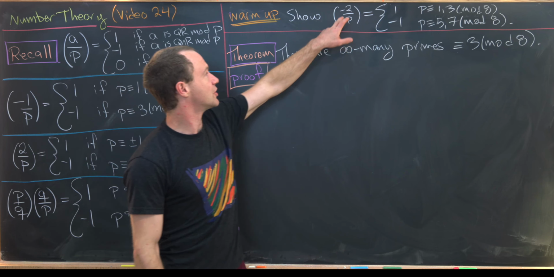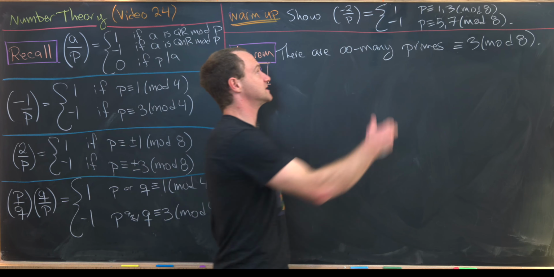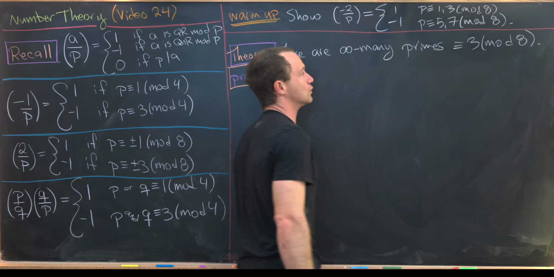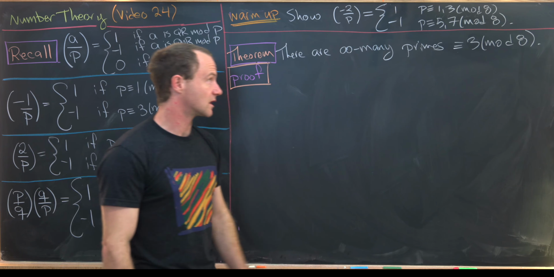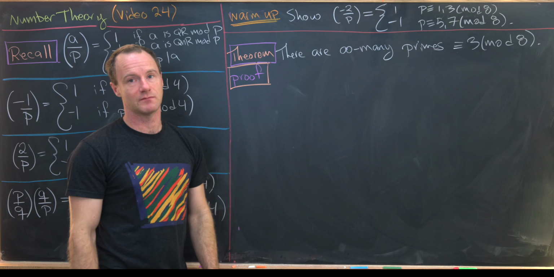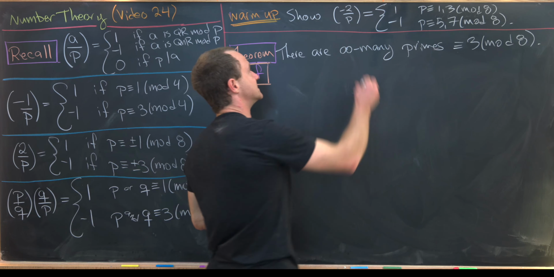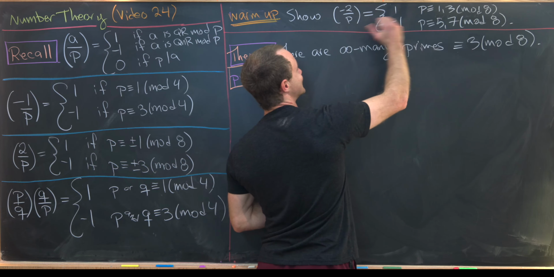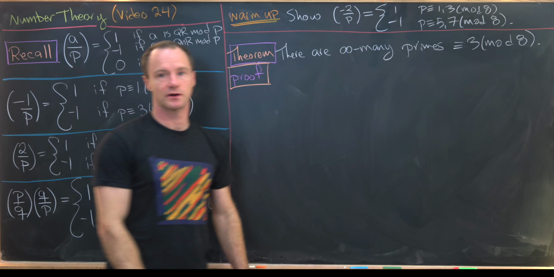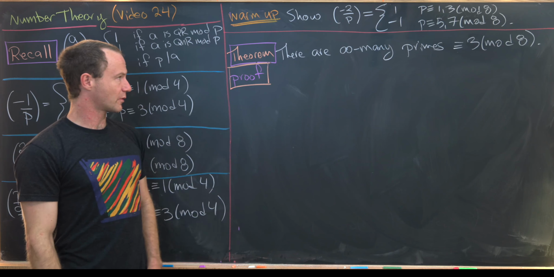And that is show that -2 by P is 1 if P is congruent to 1 or 3 mod 8, and it's -1 if P is congruent to 5 or 7 mod 8. So in other words, -2 is a perfect square in this case up here, and it is not in this case down here.